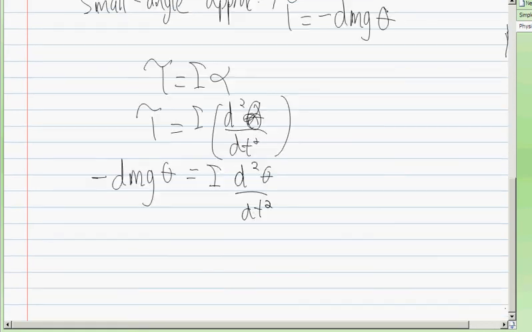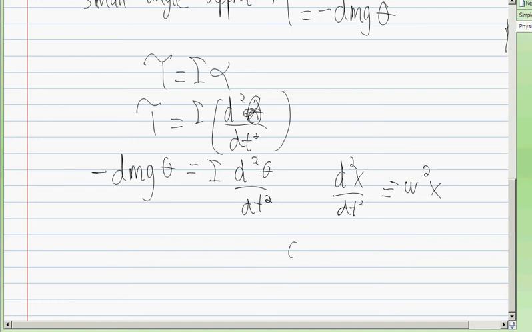And I'm going to rearrange this to take the form d squared x over dt squared equals negative omega squared x. But again, it's going to be in terms of theta. So it's going to be d squared theta over dt squared equals mg d over I.